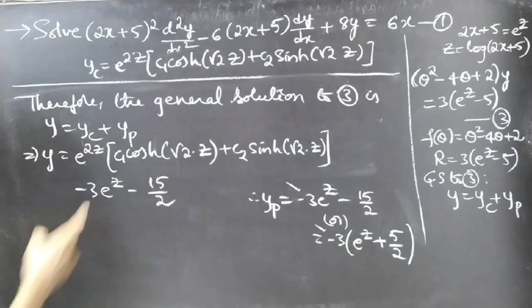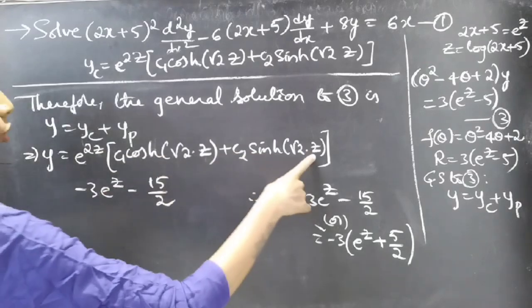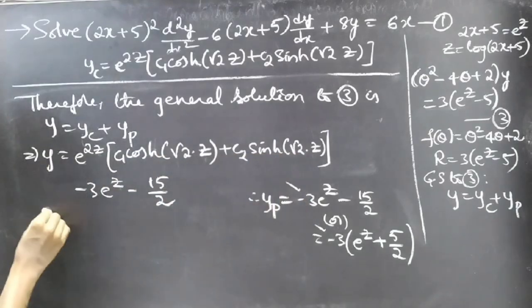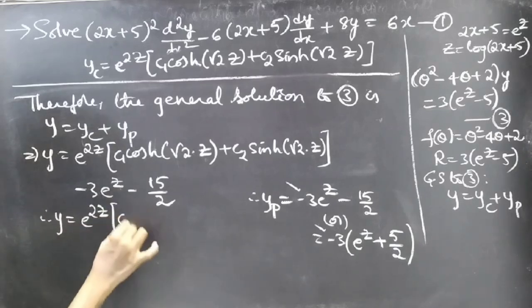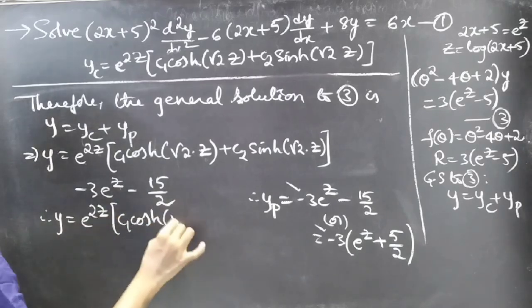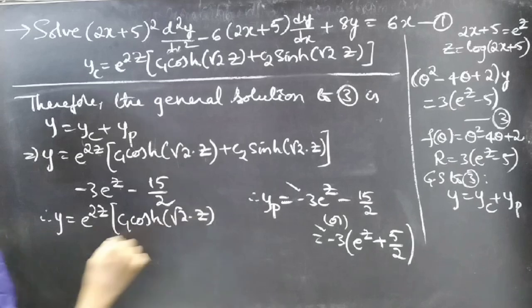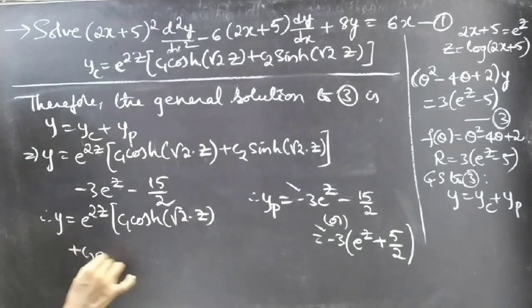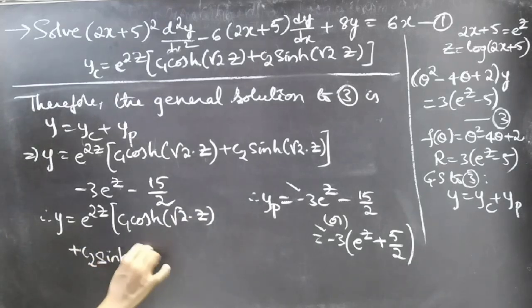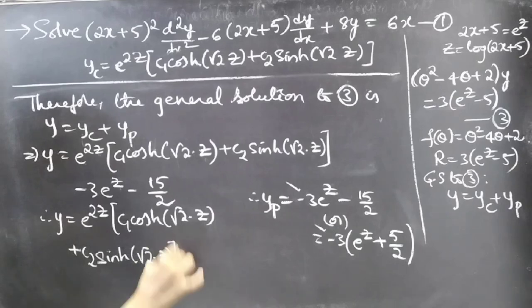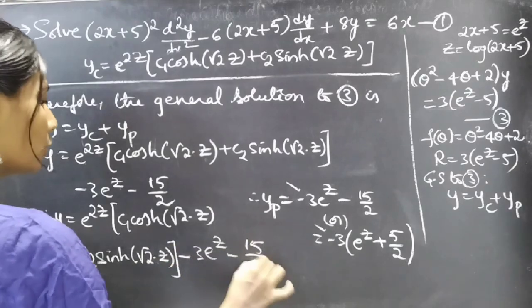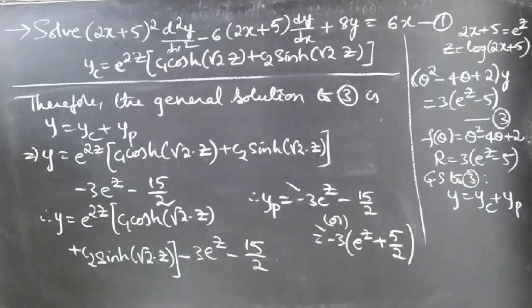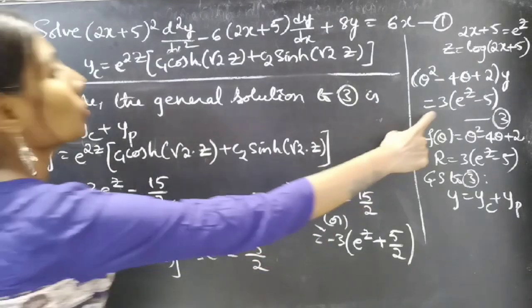See, we got the solution in terms of z. Therefore, y equals e power 2z into c1 cos h into root 2 into z plus c2 sin h into root 2 into z, minus 3 e power z minus 15 by 2, is the required solution to equation 3.